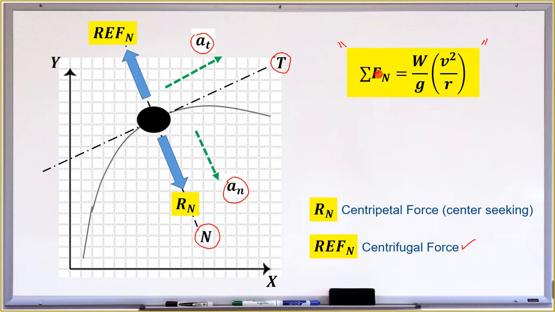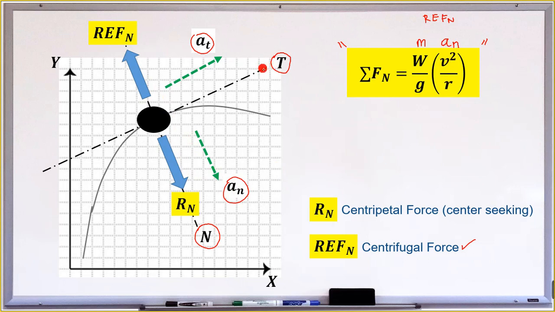So the summation of forces along the normal is just equal to the reverse effective normal force, which is equal to the mass of the particle times its acceleration. But the acceleration along the normal axis is labeled as an. And from the previous lesson, the formula for the normal acceleration is v squared over r.